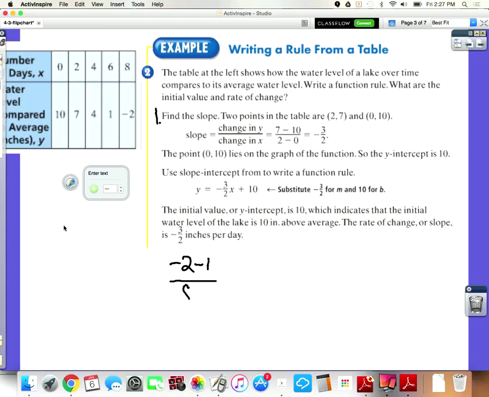So 8 minus 6. So negative 2 minus 1 is negative 3. And 8 minus 6 is 2. So no matter what 2 values you use, it's always going to be the same rate of change.